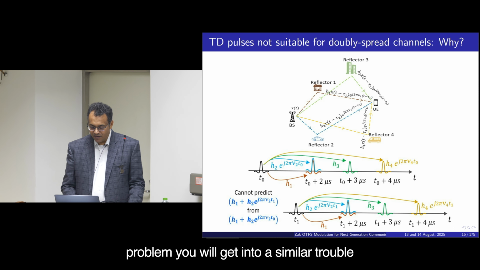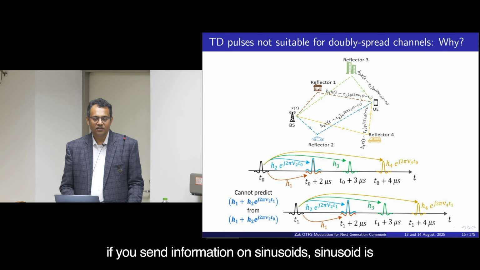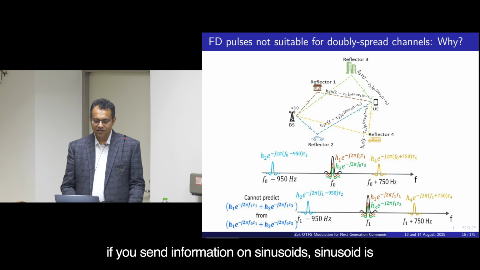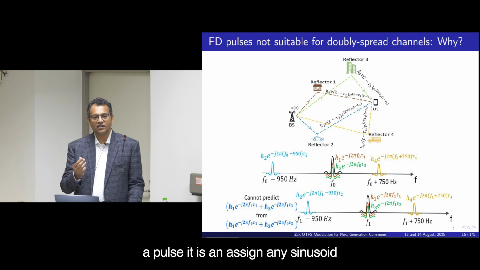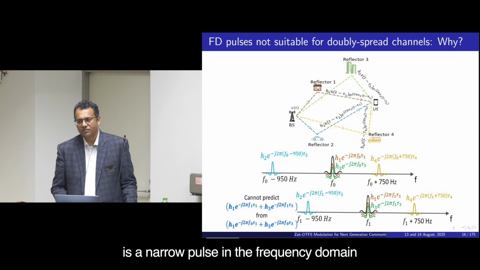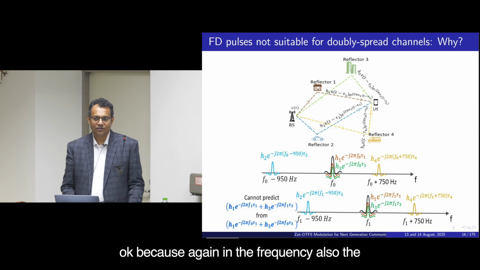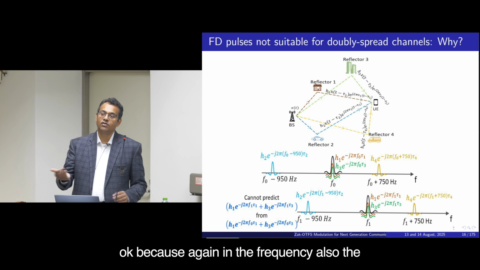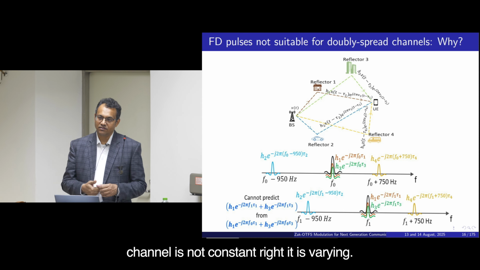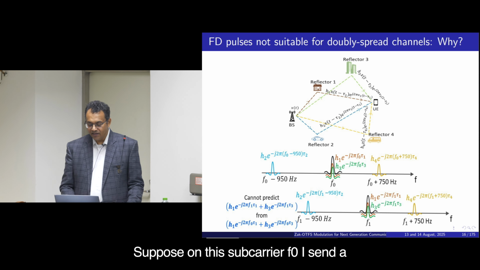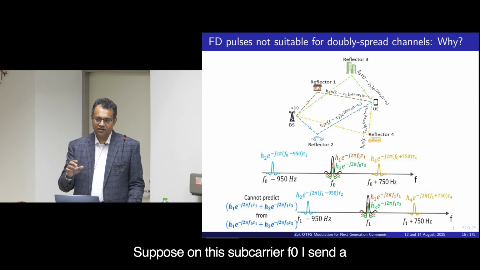You will get into a similar trouble if you send information on sinusoids. Any sinusoid is a narrow pulse in the frequency domain, right? So let us say I send a pilot, because in frequency also the channel is not constant, it is varying. Suppose on this subcarrier F0 I send a pilot.